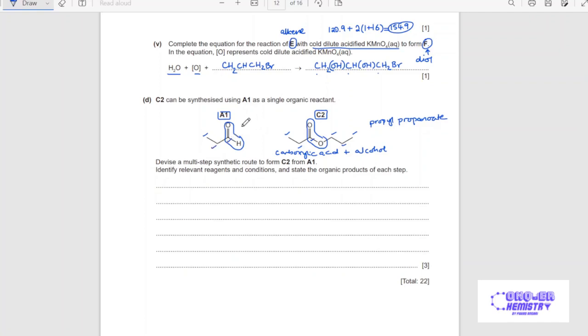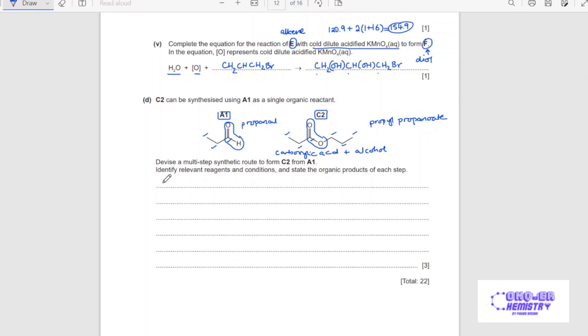So this is just propanal. So the synthesis is not that difficult after all. All you need to do is split up A1 into 2 parts. One part you will convert into the acid and the other you will convert into the alcohol. How? Let's write this down.